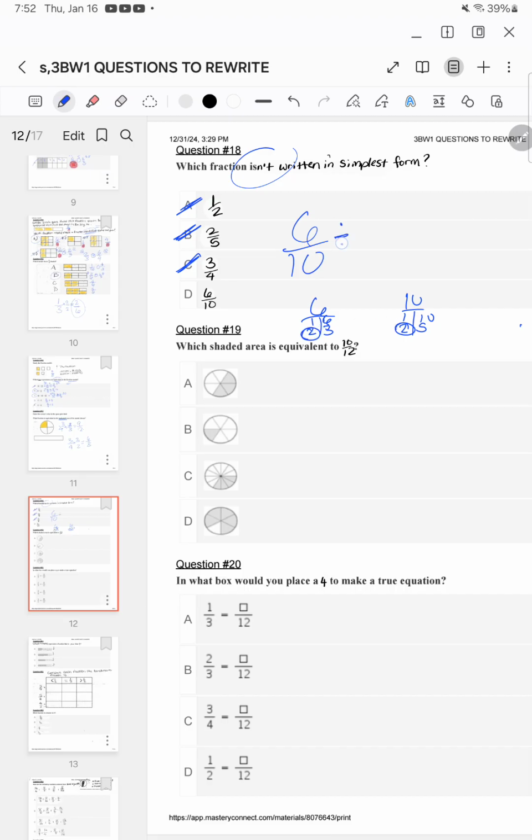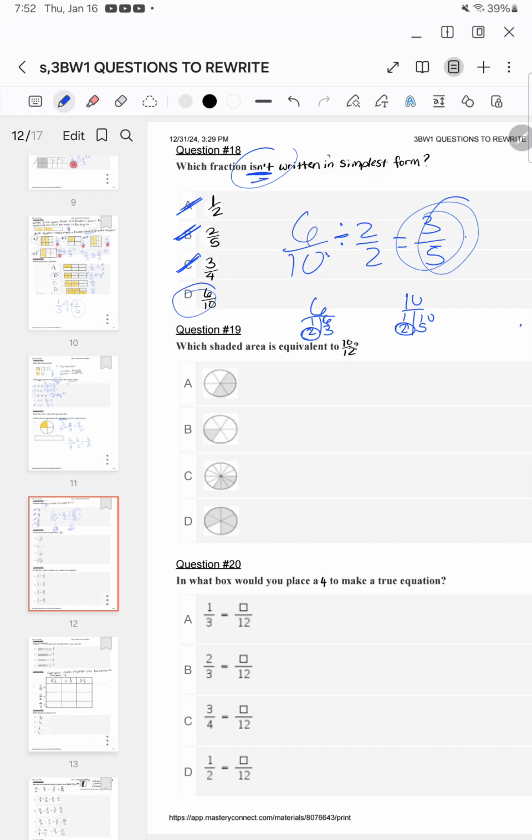So I can divide this by 2 over 2 and end up getting 3/5. So my bottom line is this can actually be made smaller. So D needs to be made smaller, because it said which isn't written in simplest form. So again, don't get caught up in just saying, oh, I need the simplest. This one said which isn't. So you have to also pay attention exactly to what the question is asking you.